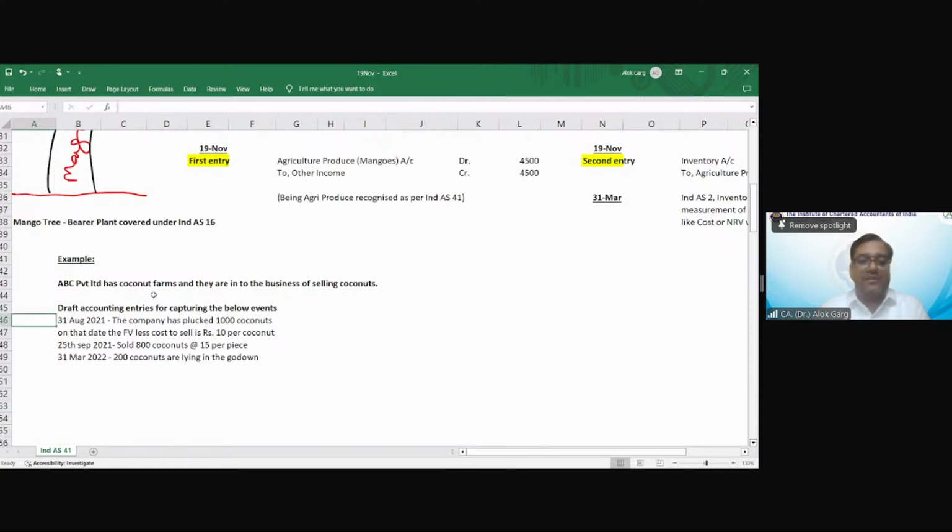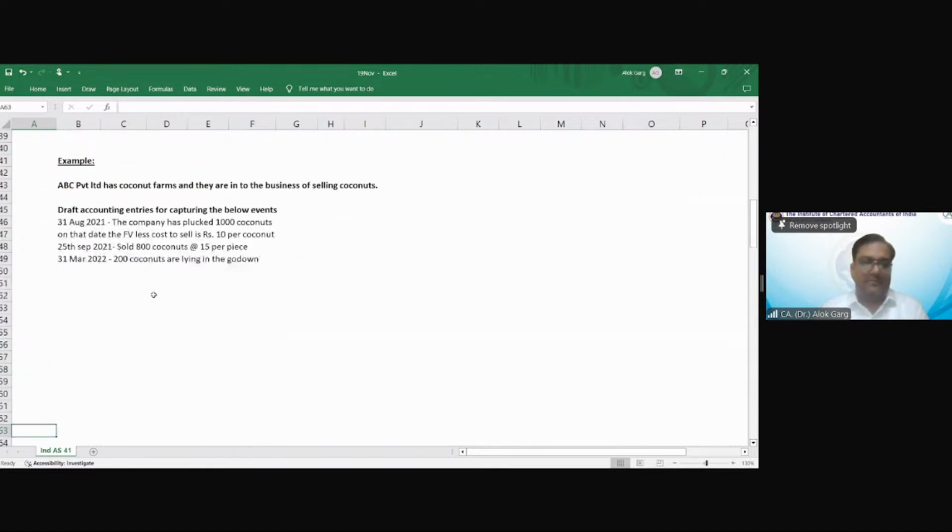On 31st August 2021, the company has plucked 1,000 coconuts. On that date, the fair value less cost to sell is rupees 10 per coconut. On 25th September 2021, the company has sold 800 coconuts at the rate of 15 rupees per piece. On 31st March 2022, 200 coconuts are lying in the godown. Correct? ठीक, एग्जाम्पल इसकी मैं बताऊं आपको अकाउंटिंग एंट्री एंड अकाउंटिंग पूरी. Are you okay with this example?